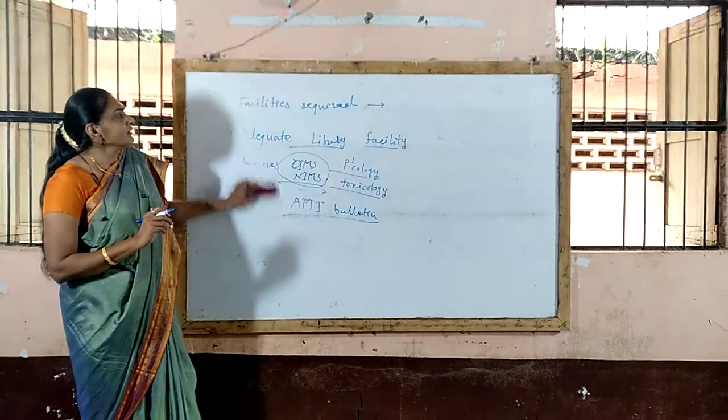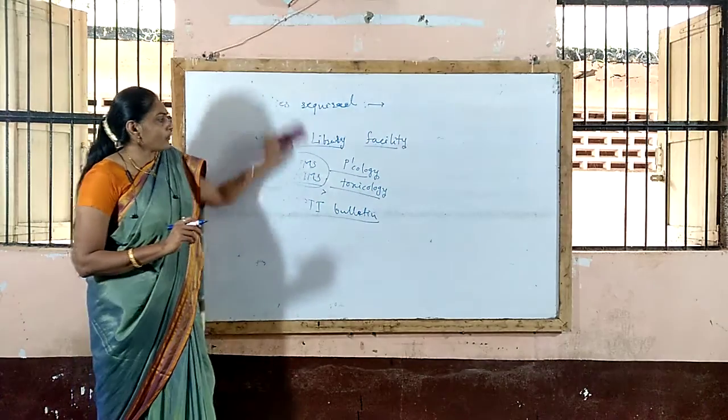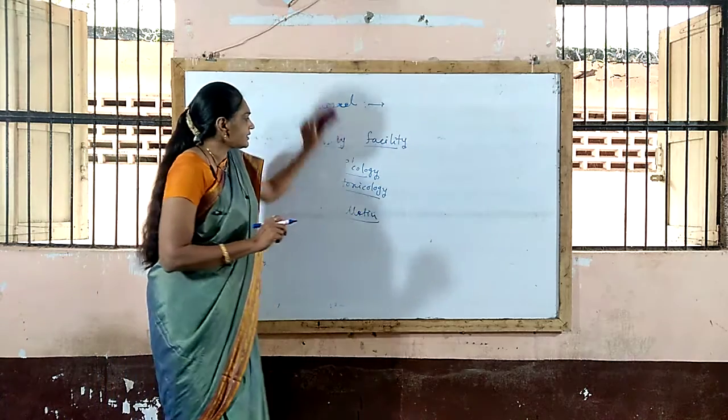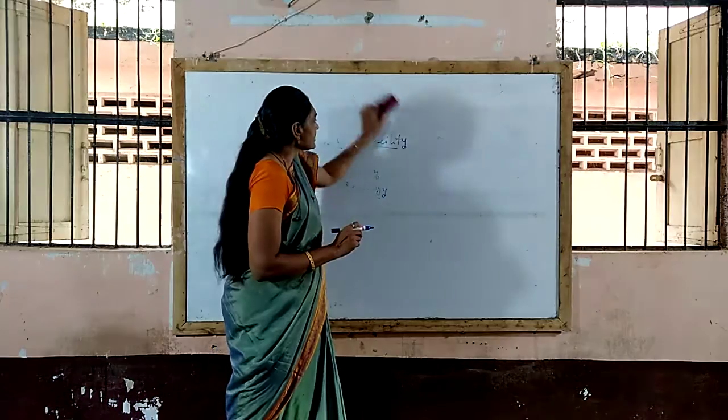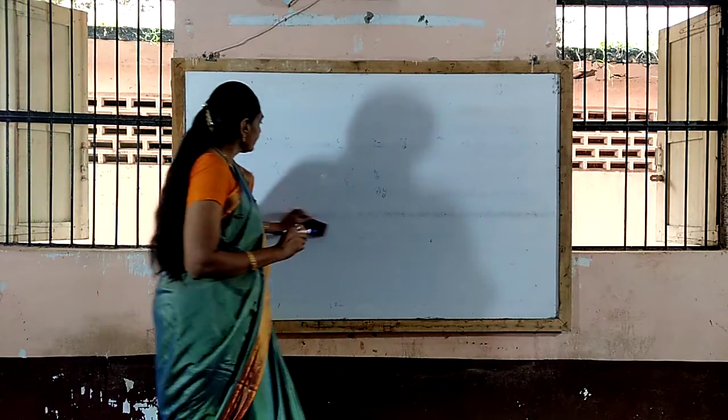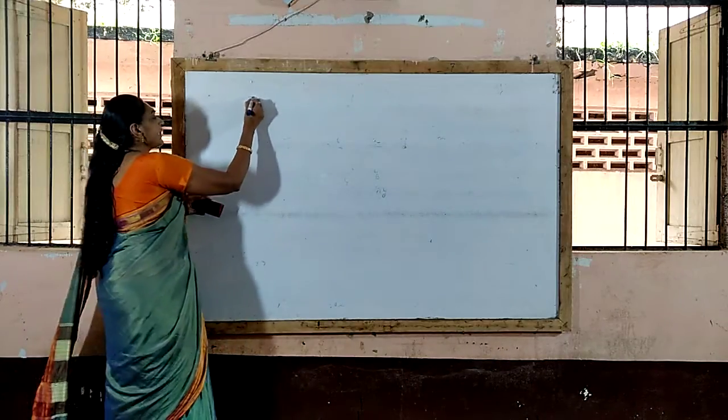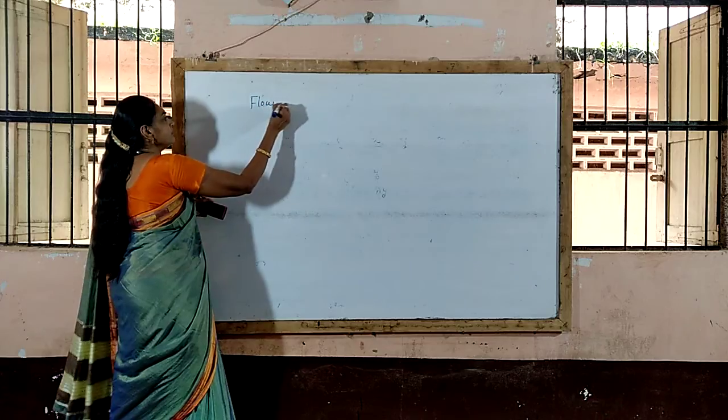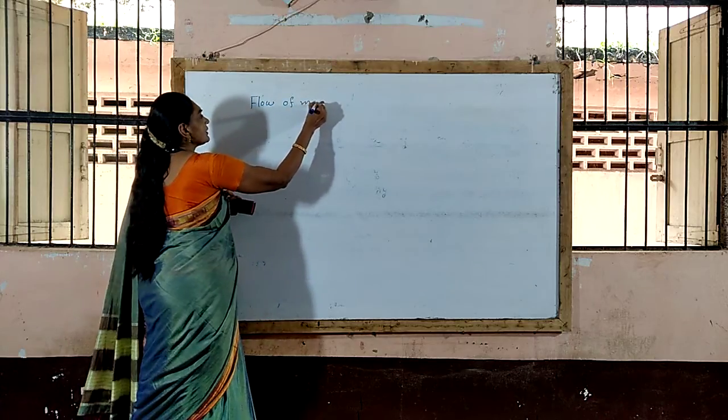This is about the facilities required for the hospital pharmacy to run. Next is the flow of material inside the hospital pharmacy.